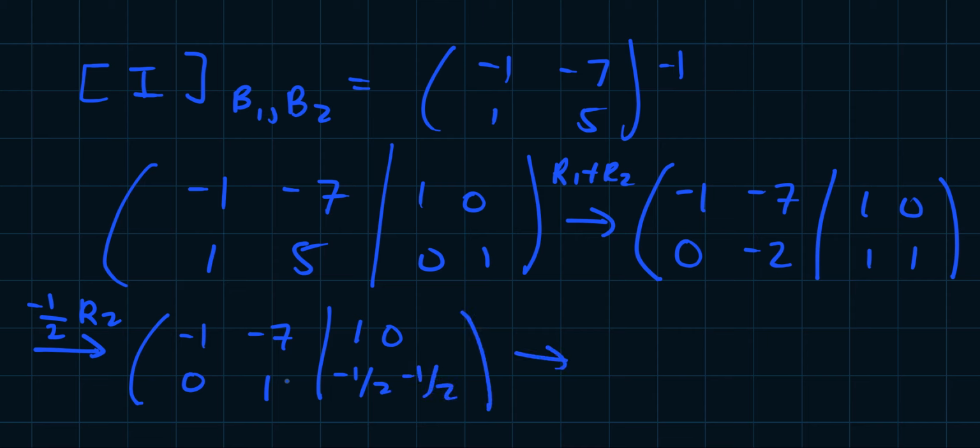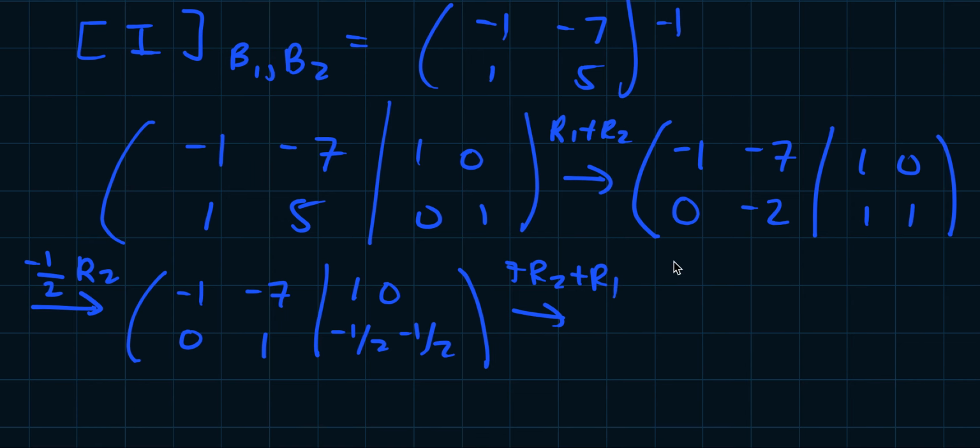And then I just need to multiply this row by 7 and add it to row 1. If I do that, I'll get -1, 0, 0, 1. So I'm multiplying this by 7, so I have 7/2, -7/2.